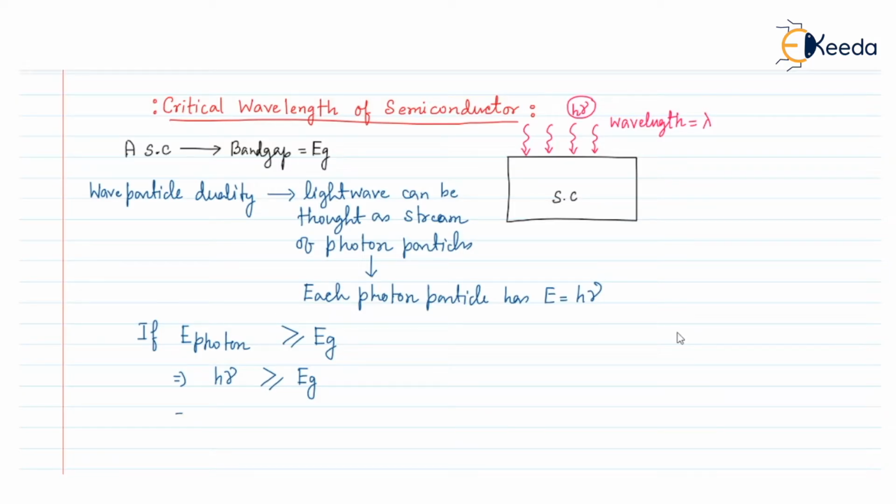And if we substitute nu equals c by lambda, where c is the speed of light and lambda is the wavelength of the light, then we get h c by lambda, where h is Planck's constant.